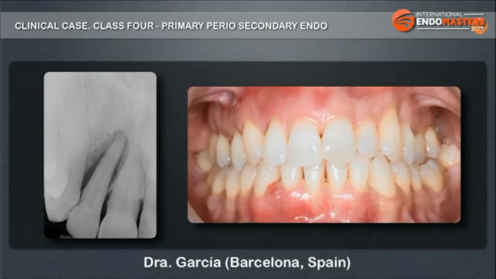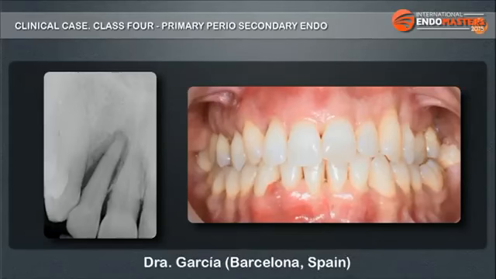This is a case of a class 4 lesion treated by Dra. Garcia from Barcelona. This patient presents with a generalized advanced periodontal disease. Tooth 1.2 has a negative response to cold test and presents with deep pockets of up to 10 mm.